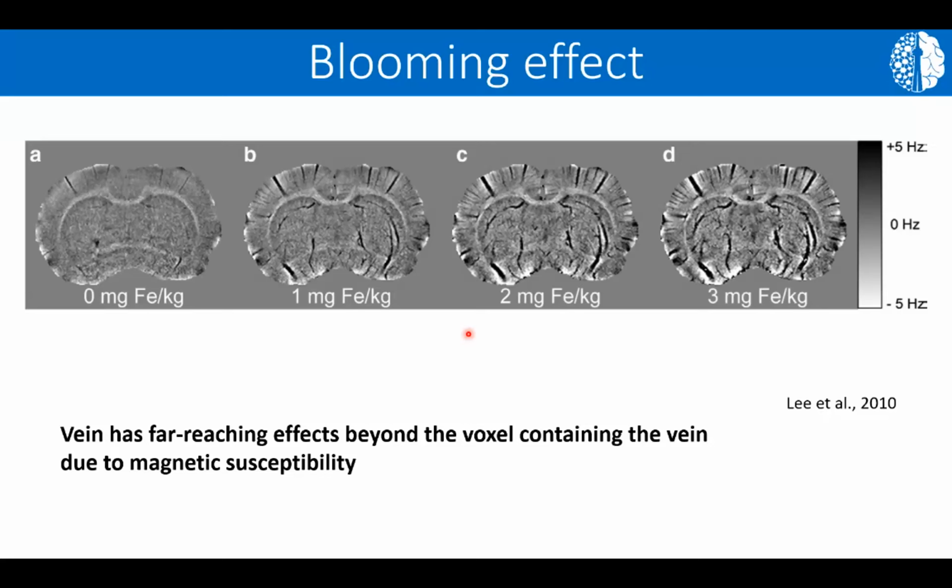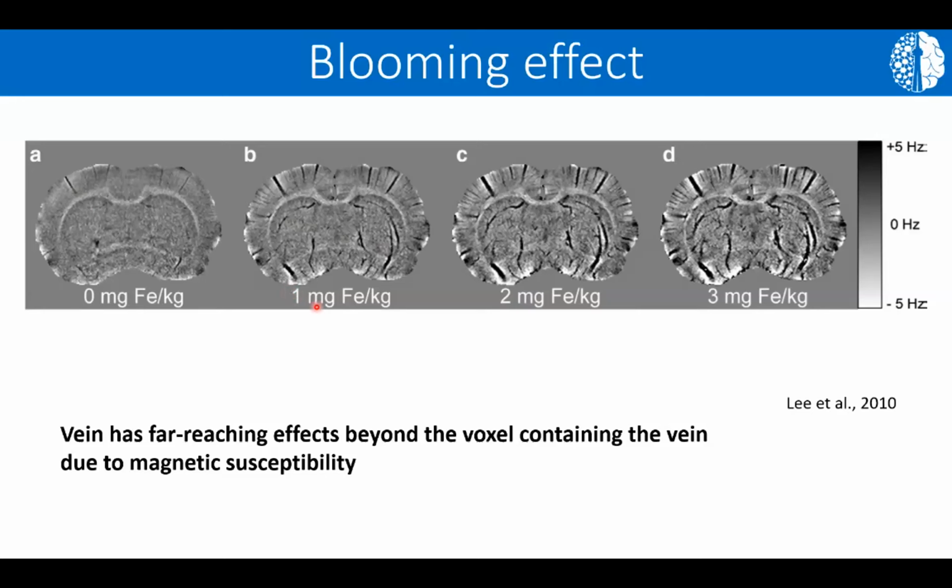This is shown in the Jeff Dunn study, but it was already there at the birth of fMRI in 1992 by Ogawa, where he let rats inspire different levels of oxygen and the veins got darker. That's already well known, but if you look at, for example, this ascending vein, it is quite a sharp line.